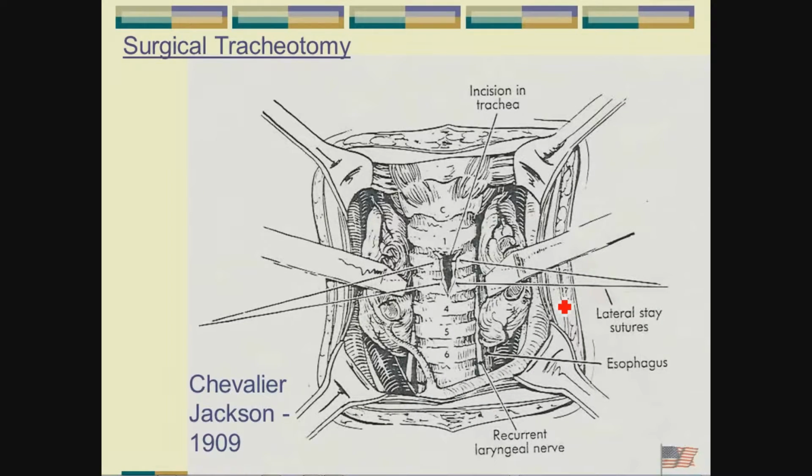Chevalier Jackson, there you go, 1909. Basically the opening that is made there is between the second and third tracheal cartilages. It's surgically exposed and opened.